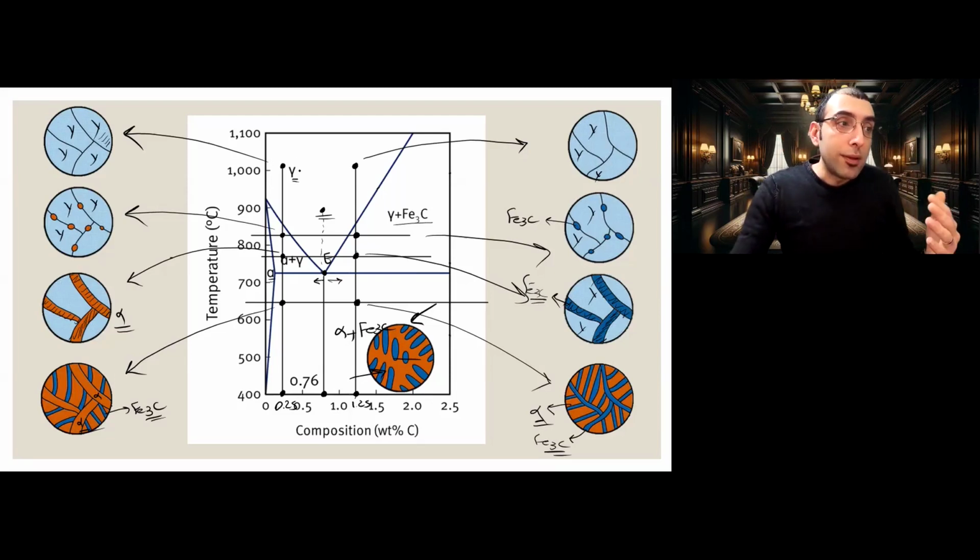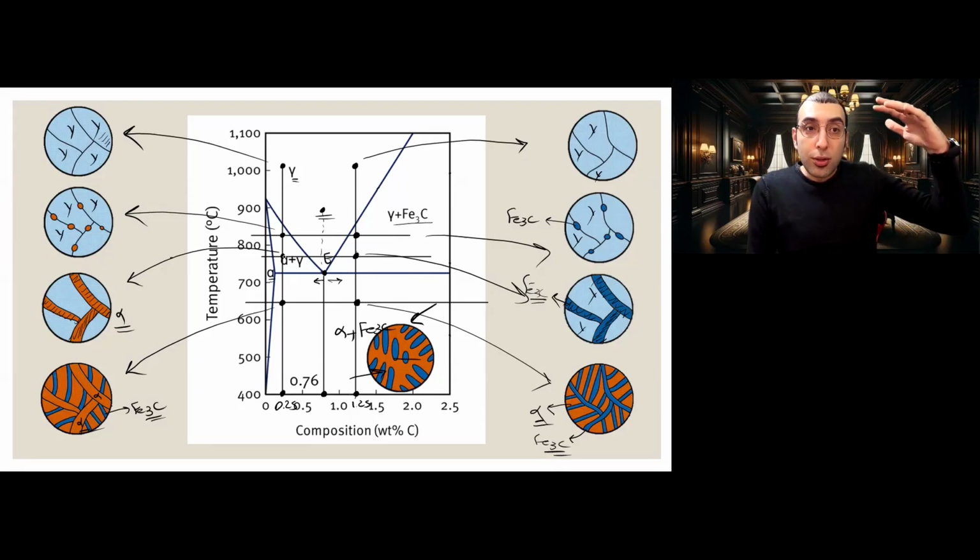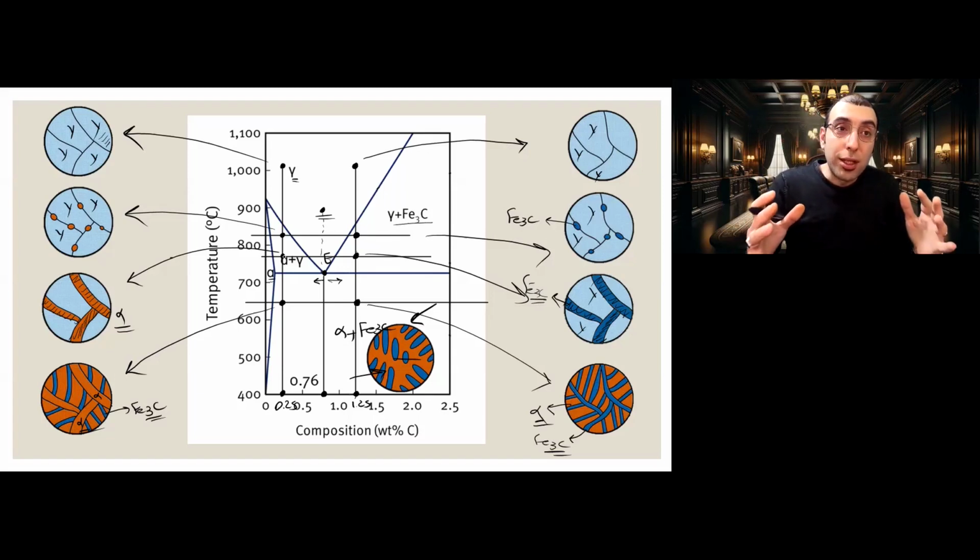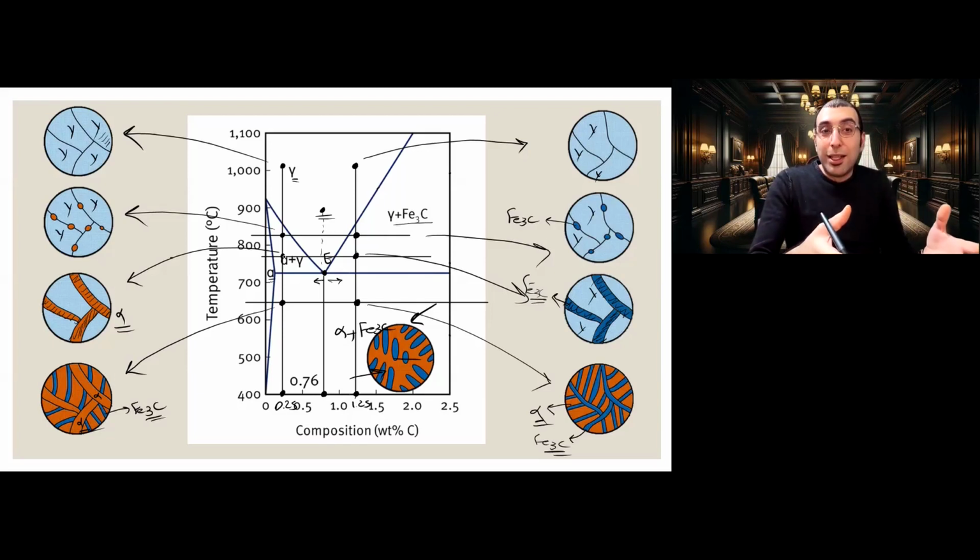So when we are discussing these phase diagrams and say we are going from this point to that point, we are reducing the temperature, cooling down extremely slowly in a controlled environment. It's not like we melt our pot, take it out and let it cool down in air.